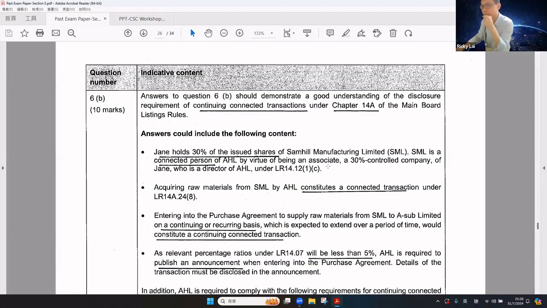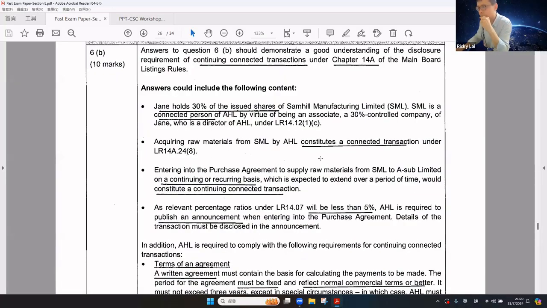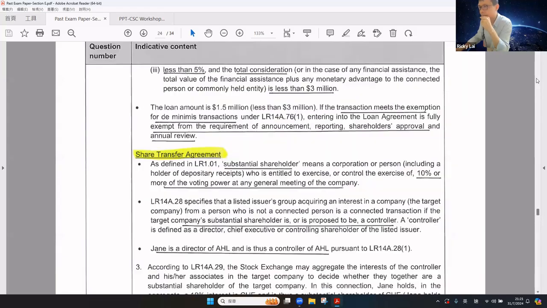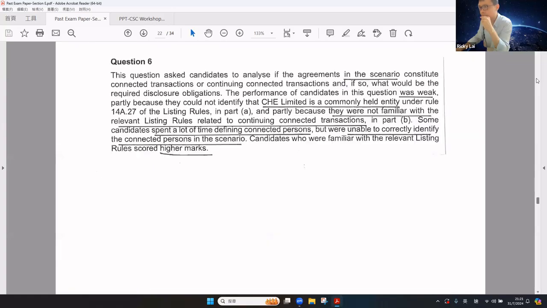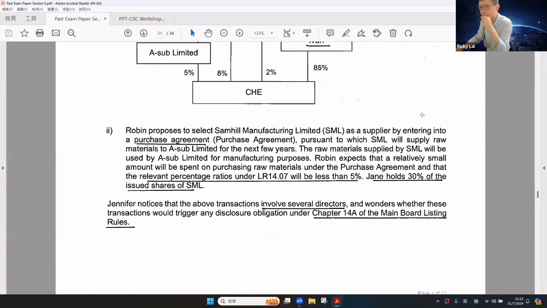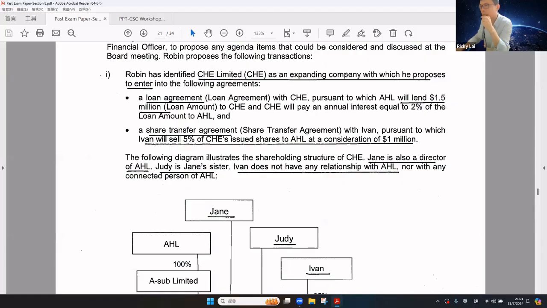You need to highlight the compliance requirements for the CCT. First of all, for the first part of the question, please try to focus on the CHE, the company health entity.